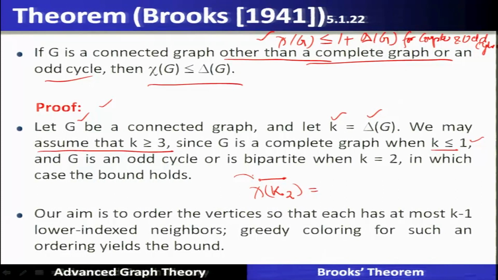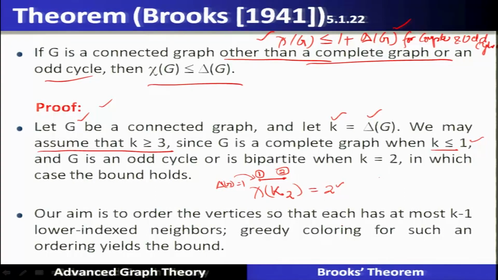Here big delta of G is equal to 1, so this becomes 1 plus 1, that is 2. If you color this vertex with label 1, you cannot color the other vertex with the same label. For a proper coloring, another color is required. Hence a minimum of 2 colors are required to color this graph.